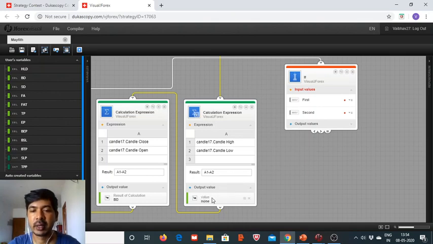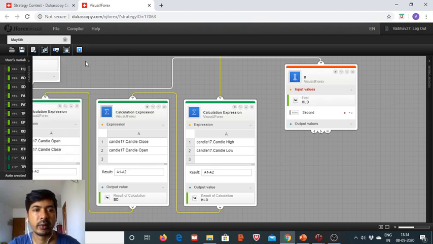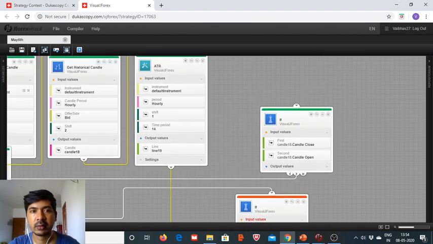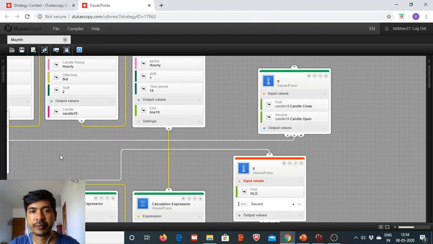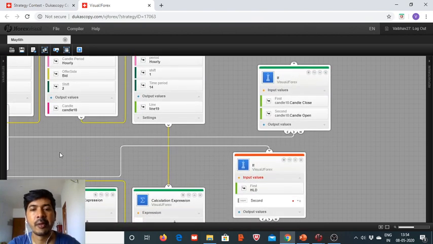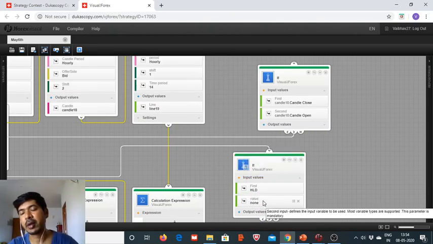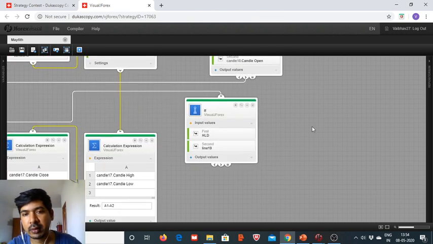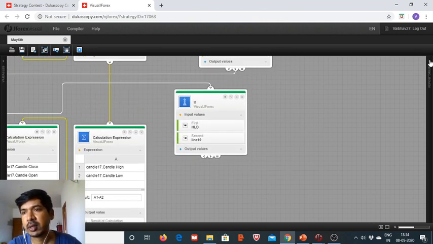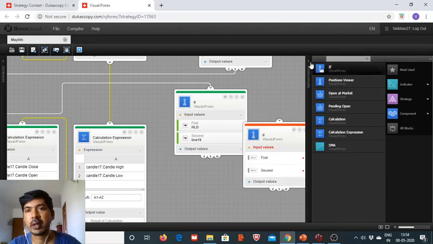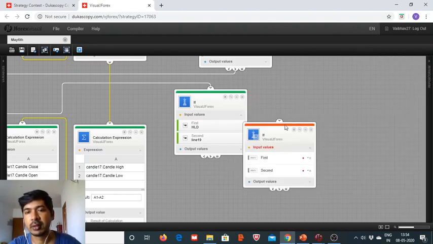So we take in HLD, and then we take in line 90, and it should be more than the HLD. So we keep it as it is.